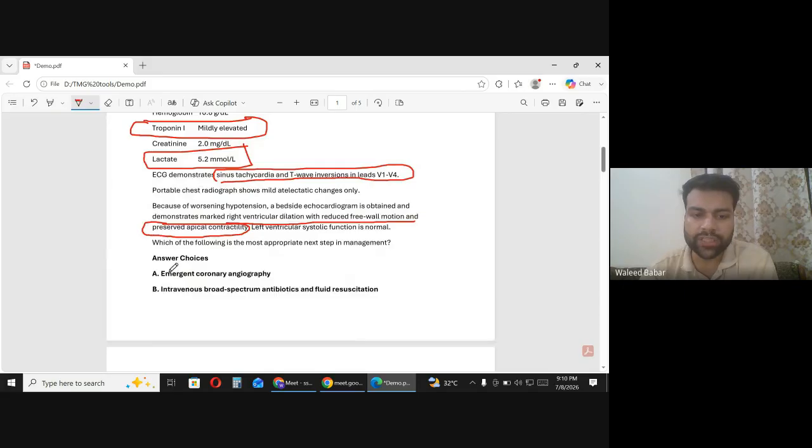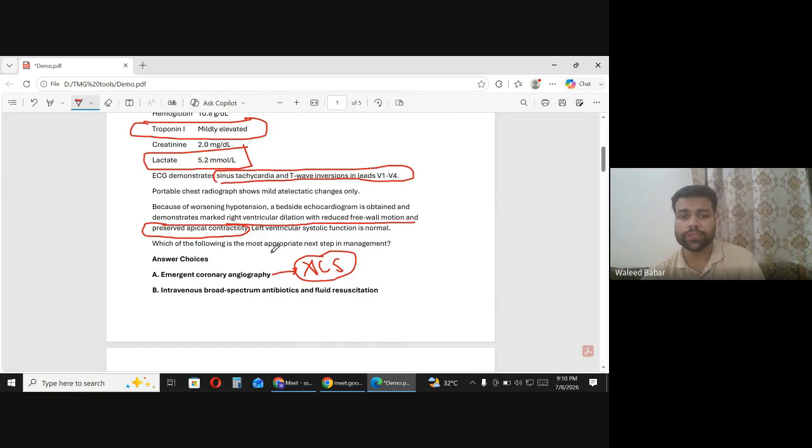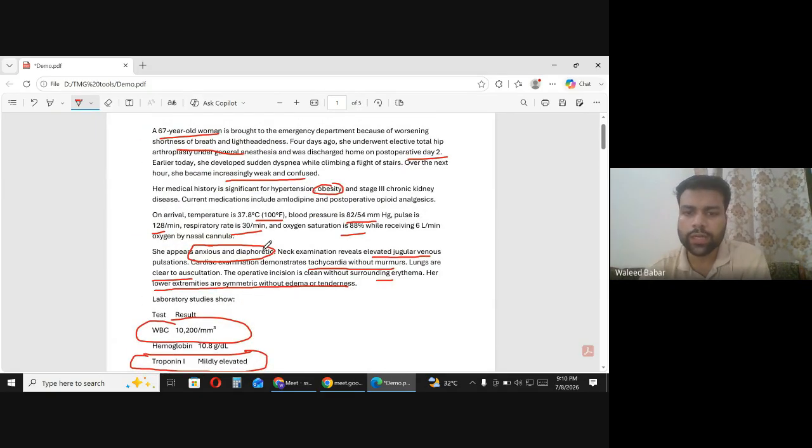If we see option A, emergent coronary angiography, we can do it in the diagnosis of acute coronary syndrome. Let's see if this stem fulfills the criteria of having acute coronary syndrome. So first of all, the shortness of breath is there. Chest pain is not there, which is very typical of acute coronary syndrome.